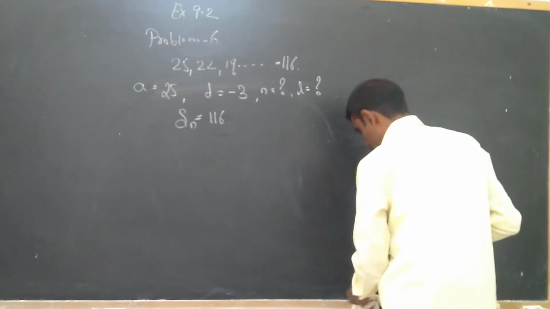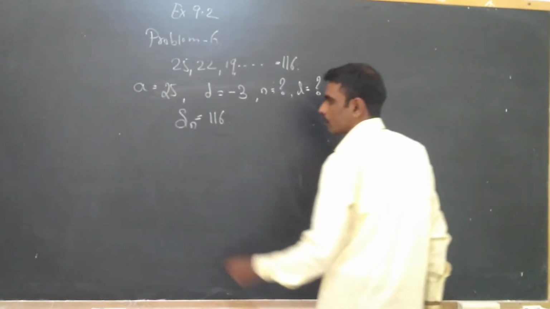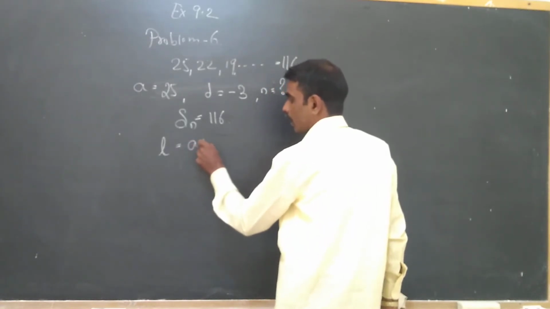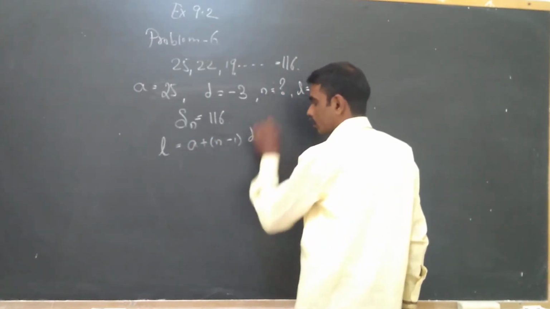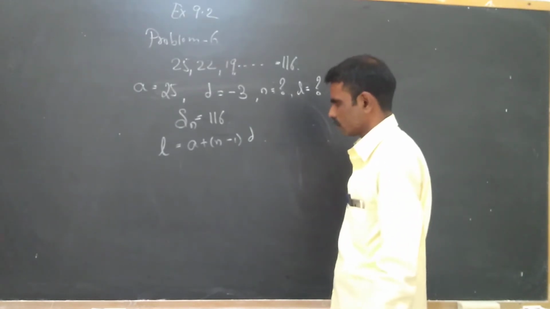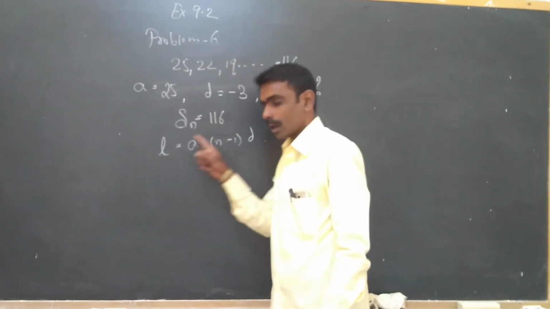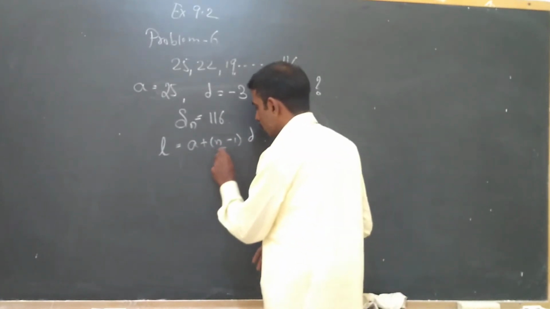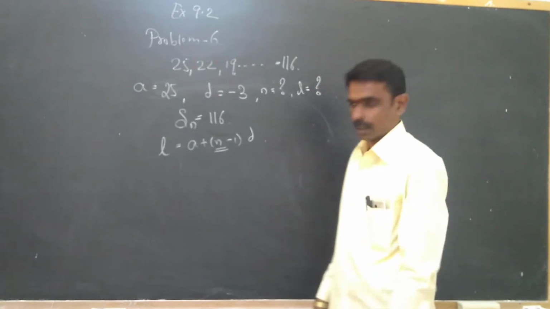If I want to find the last term, I know the formula is Tn equals a plus n minus 1 into d. But here there are two unknowns. I don't know what is n. So first I have to find the value of n.